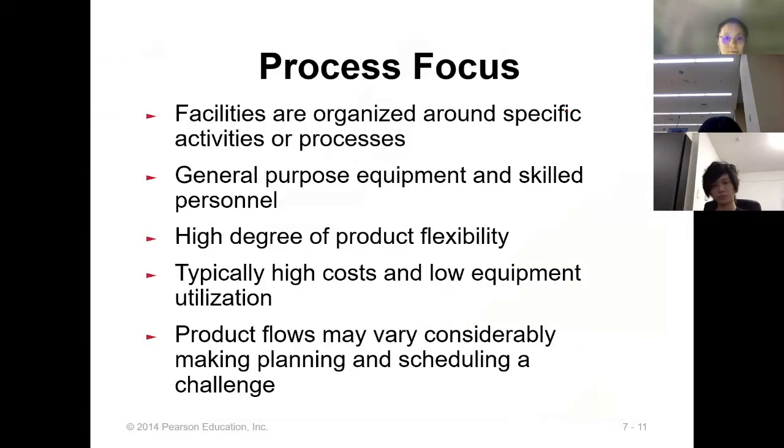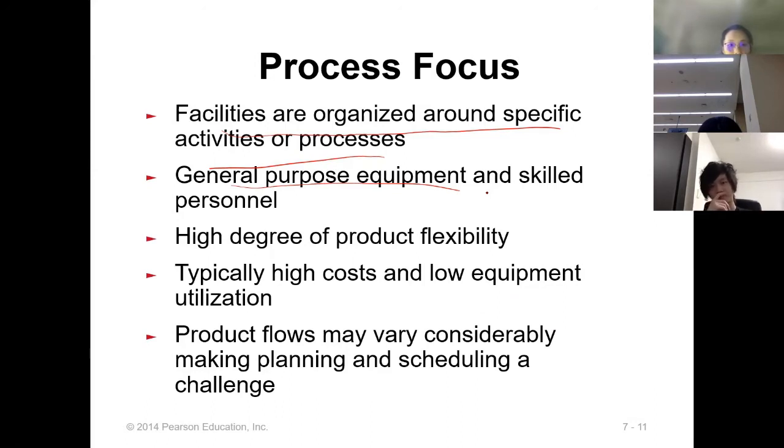So in the process focus, facilities are organized around specific activities. They have general purpose equipment. For example, you go to a job shop, or a tailor making shirts. This is the sewing machine. This is the cutting process.